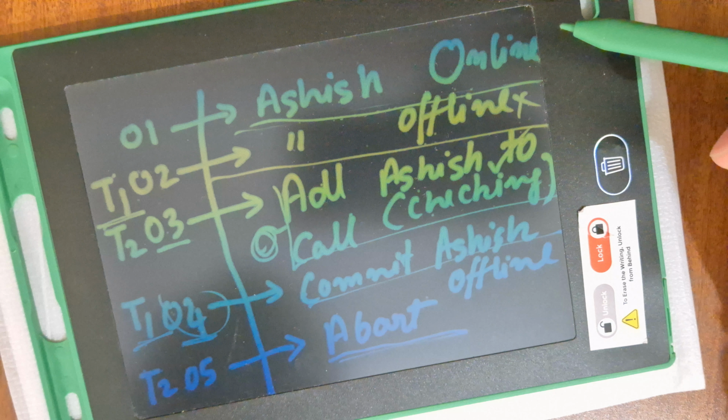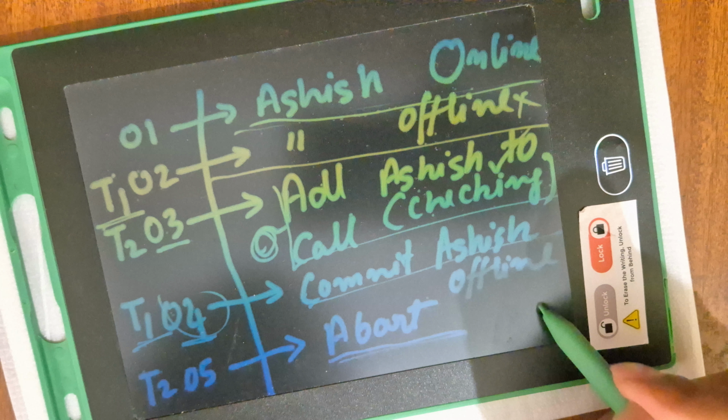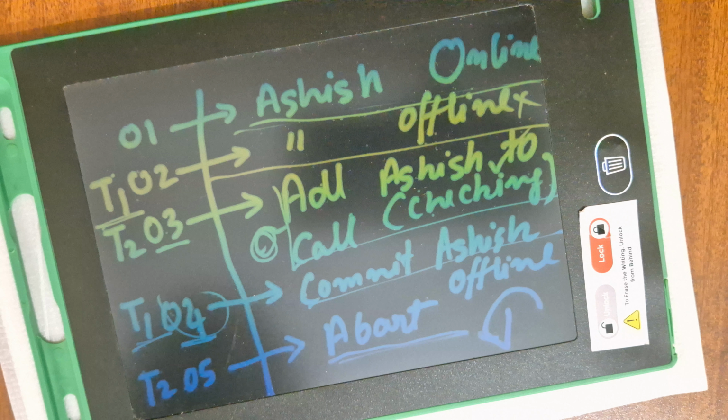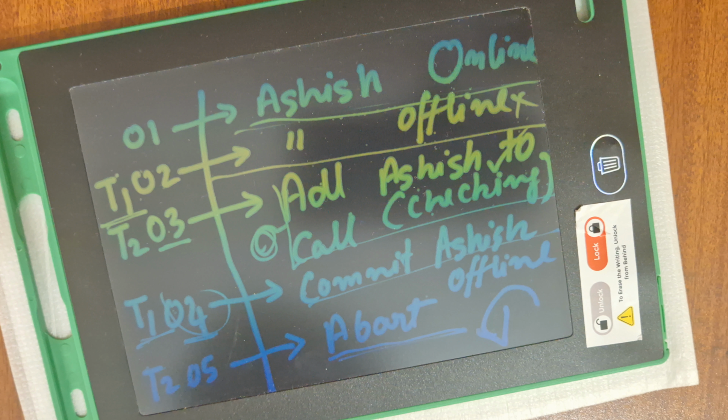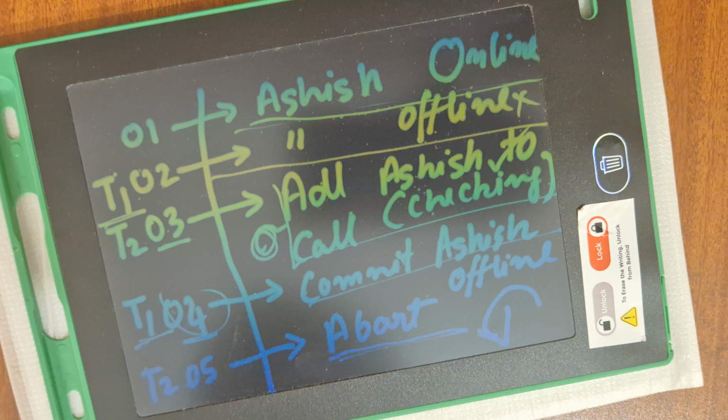I have not committed this yet. I am checking whether Ashish is online or not. I see Ashish is online because the offline change is not yet committed. At time 04, thread 1, which Ashish was using to make himself offline, commits that message.